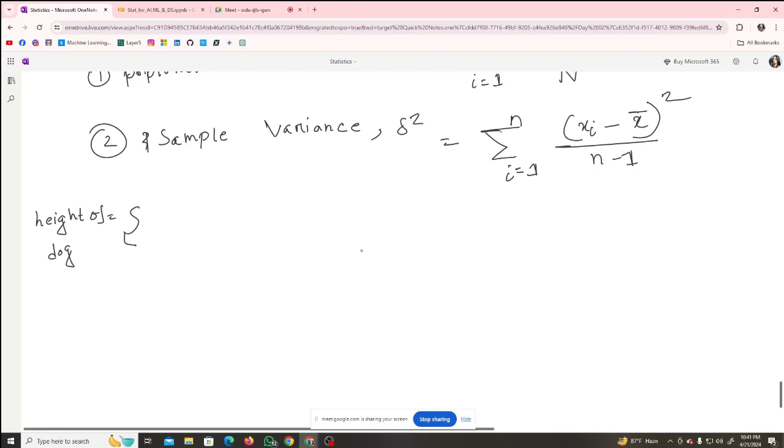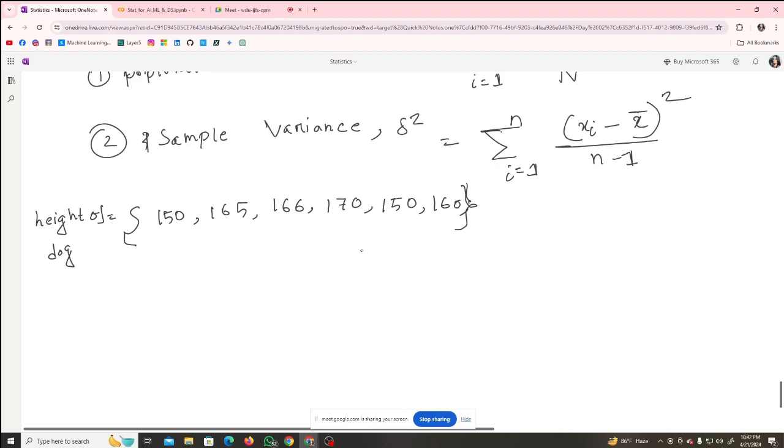Suppose your data set is something like this: 150 centimeter, 150 centimeter, 165, then 166, 170, 150, 160. These are the 6 data points of the height of your dogs.